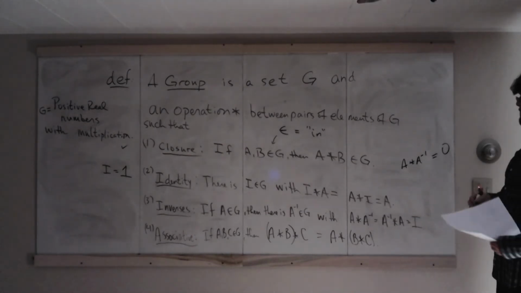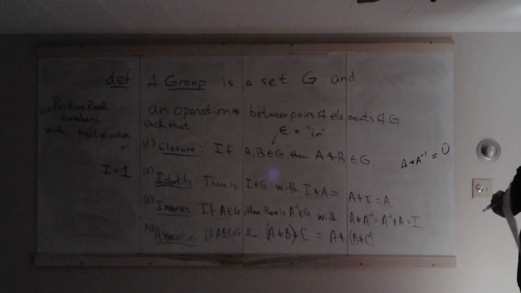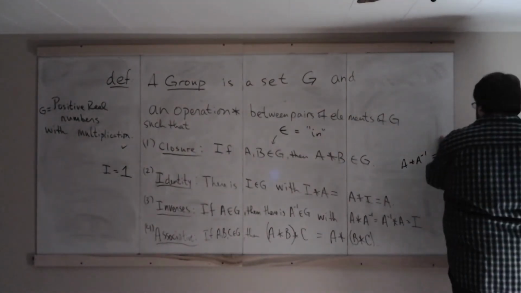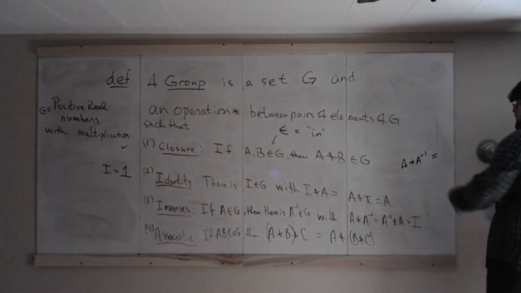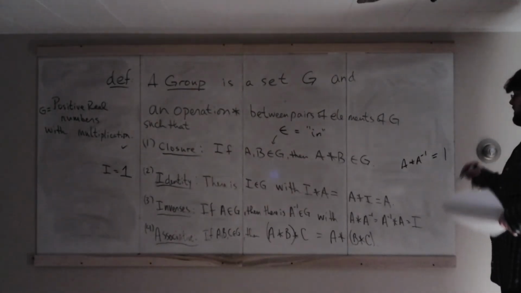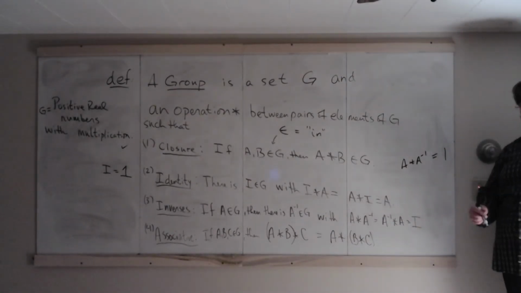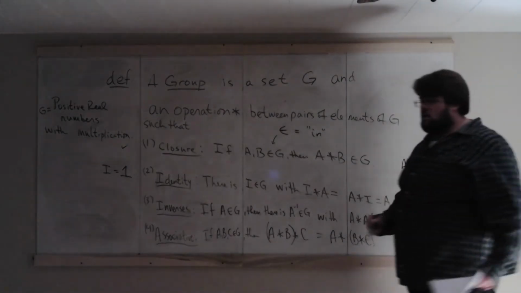But here, with multiplication, the identity was 1. So given an element A, we need to find an A inverse so you can multiply them together and you get 1. Well, how can you find that?